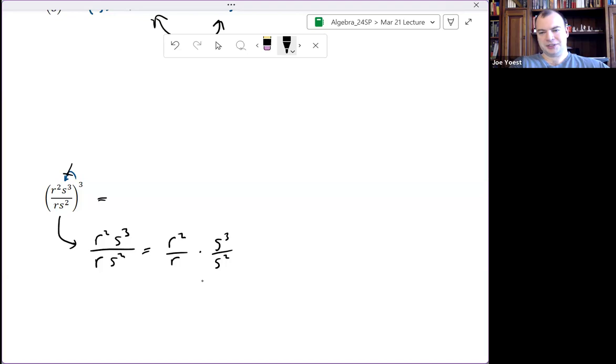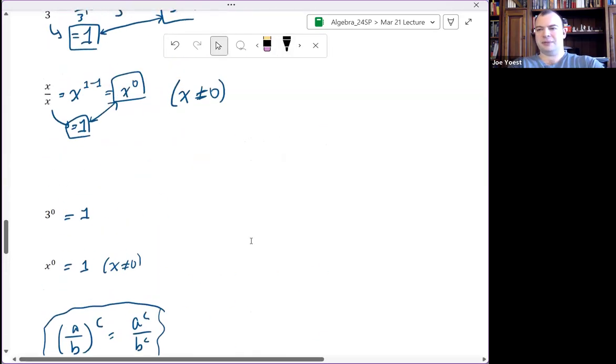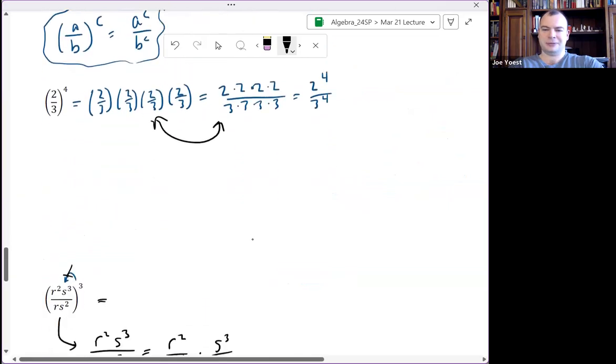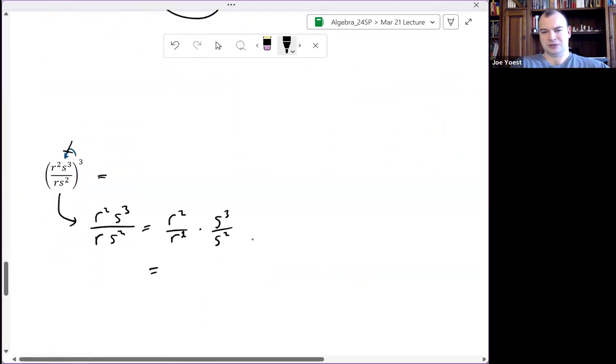Now in the first fraction, I have r to the second power over r to the first power. I remember my property that here I'm going to subtract the powers. So this is going to be r to the 2 minus 1 power, or just r to the 1 power, or just r.